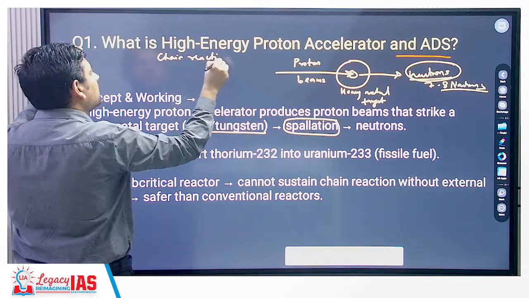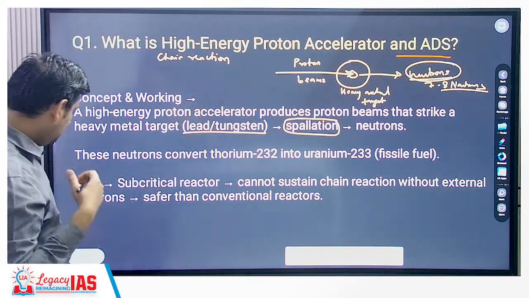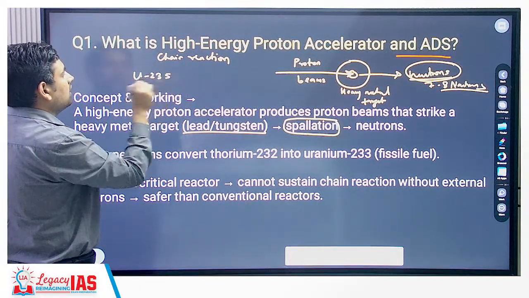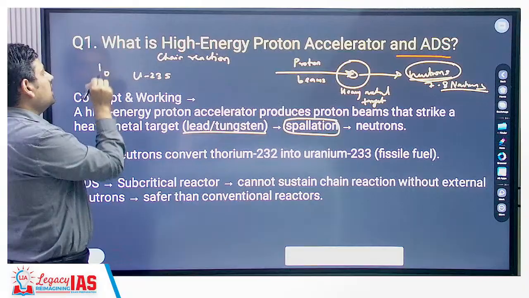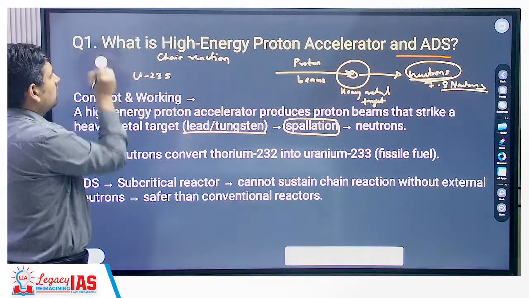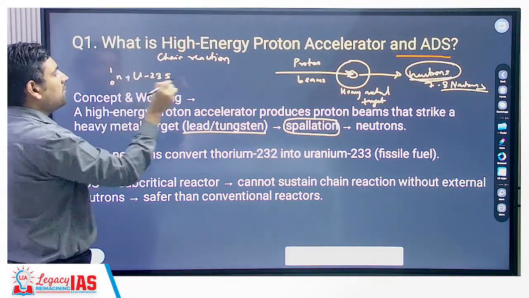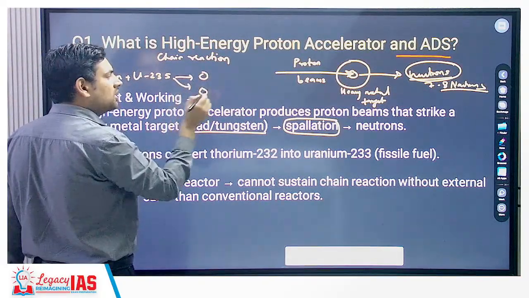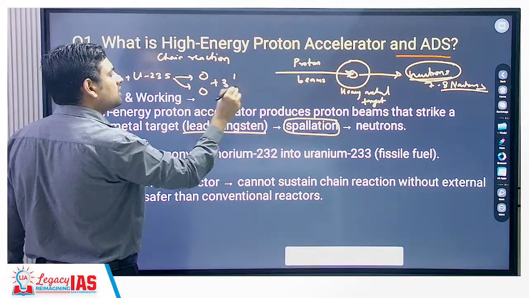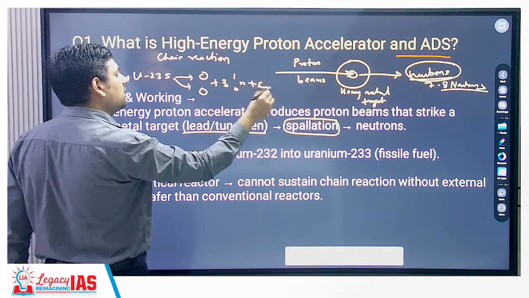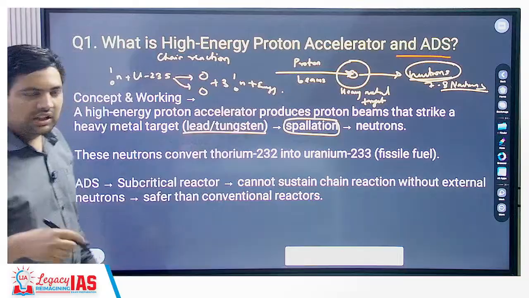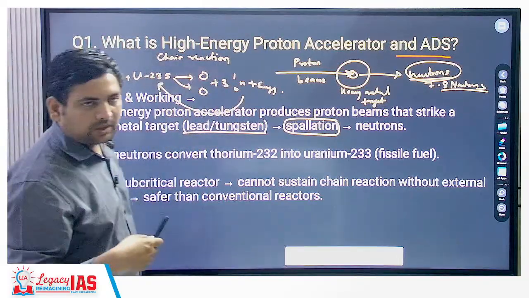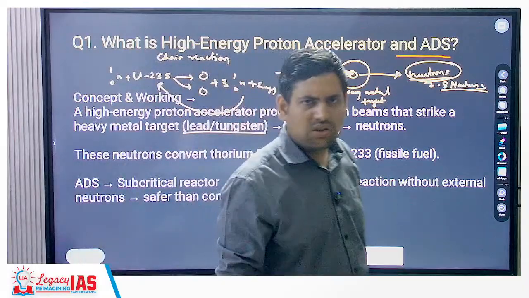For example, take uranium-235 hit with a neutron. It splits into two parts, barium and krypton, and releases 3 more neutrons and energy. Then these 3 neutrons attack other uranium-235 atoms, and the reaction goes on and on.